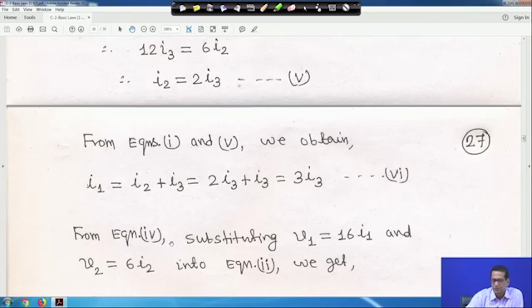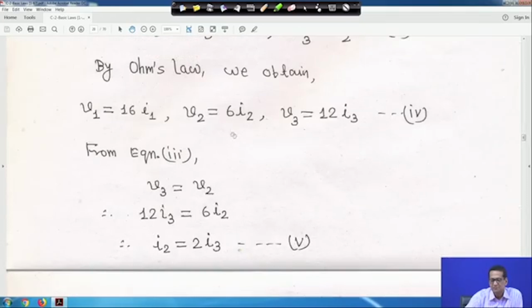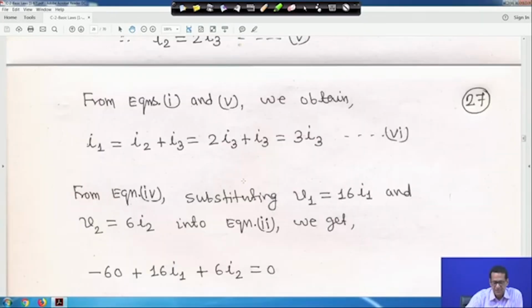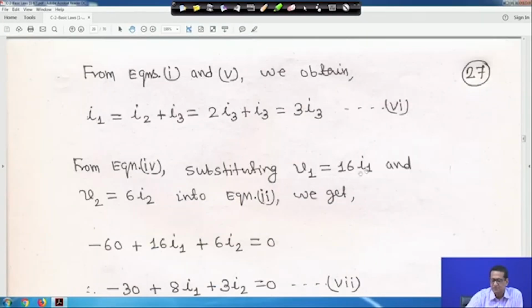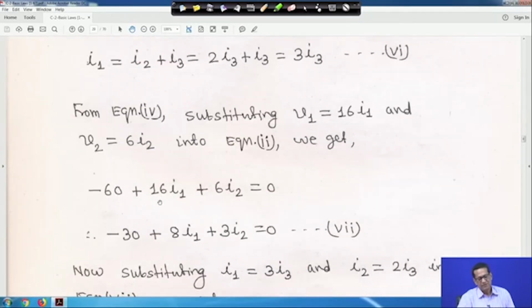From equation 4, substituting V1 equal to 16 I1 and V2 equal to 6 I2 into equation 2, you will get minus 60 plus 16 I1 plus 6 I2 is equal to 0. Dividing both sides by 2, minus 30 plus 8 I1 plus 3 I2 is equal to 0.